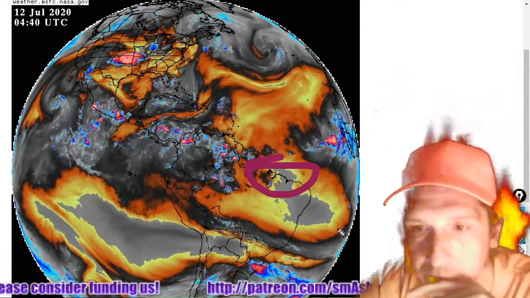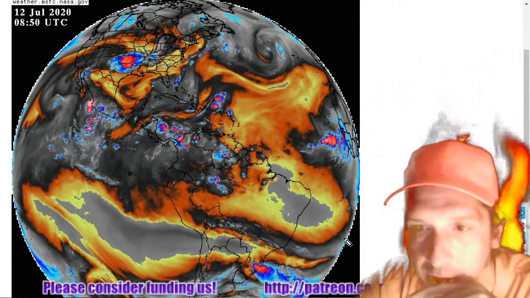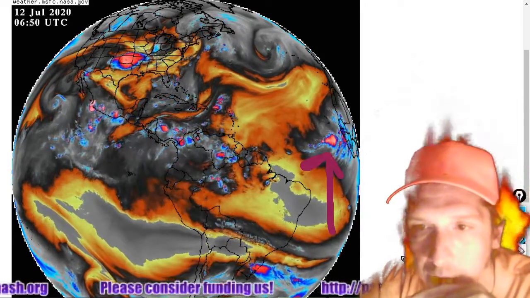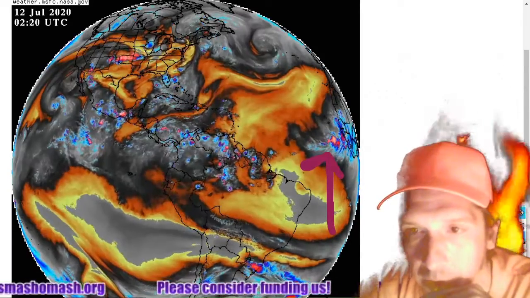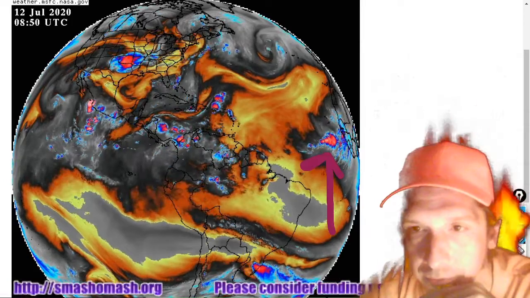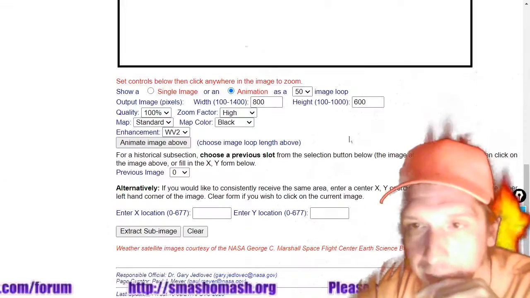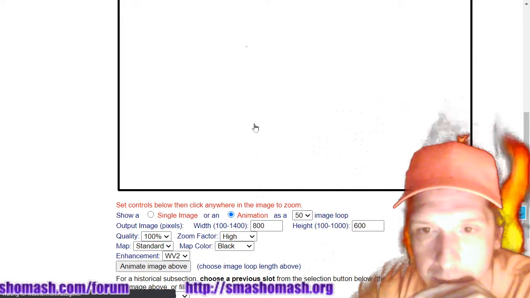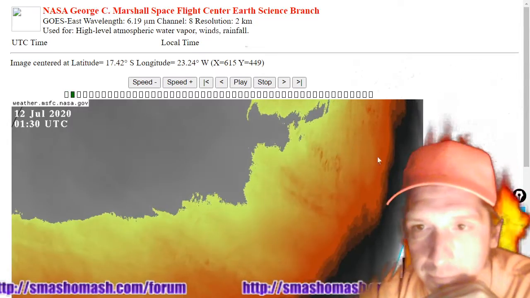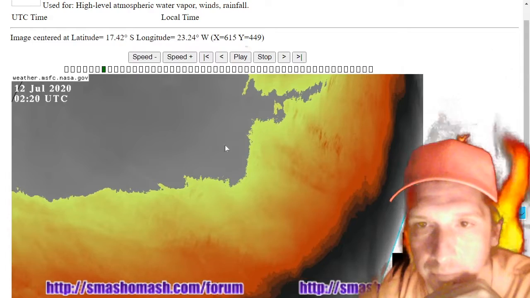Check out this formation over here, too. Not that, this. That's a pretty weird one. Check it out. I have to zoom in on that. What is going on there? I'm too far south.